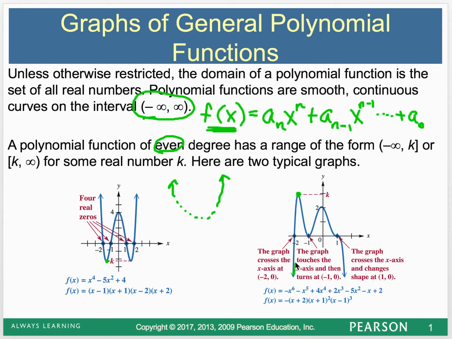Okay, the only difference is in these graphs and a quadratic is there might be some stuff going on in the middle, right? Some stuff going on in the middle. But the ends look the same.